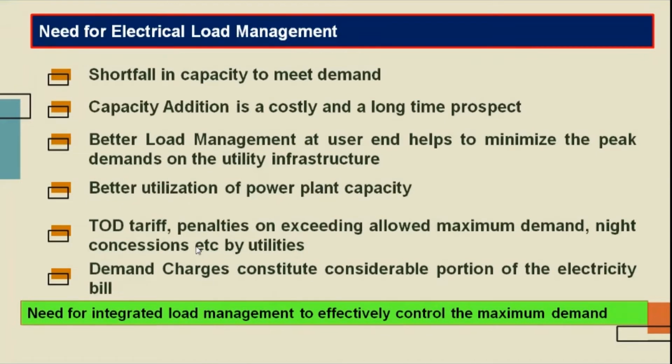In case of the LT consumers, the contract demand is up to 5 kilowatt or 2 kilowatts, or maybe less than that also. But in case of the HT consumers, this is very high, and whenever this demand is exceeded by the HT consumers, what will happen? They have to pay the penalties to the utilities from where they are purchasing the electrical energy. So TOD tariff, penalties on exceeding allowed maximum demand, night concessions, etc., by the utilities, also create the need for electrical load management.